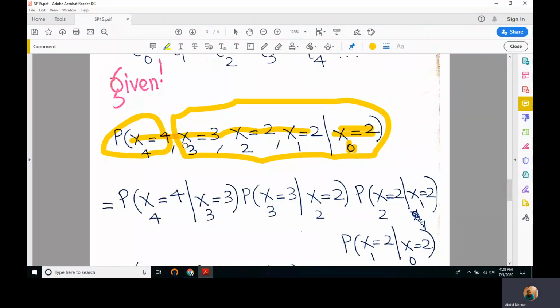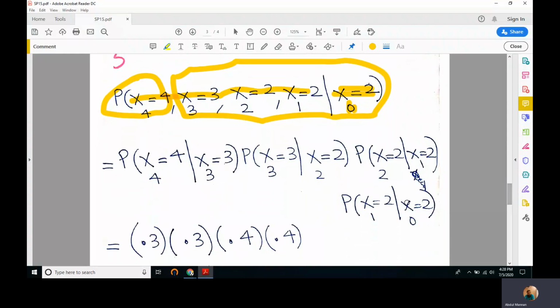So we have applied the product rule as well as the Markov property in one step. X3 is equal to 3 given X2 is equal to 2, and then we keep on writing these terms until we reach here. So we have written this in terms of these 4 product quantities which are multiplying with each other.